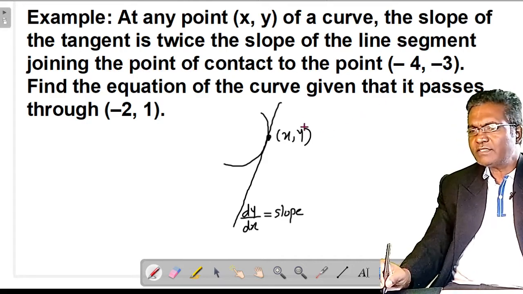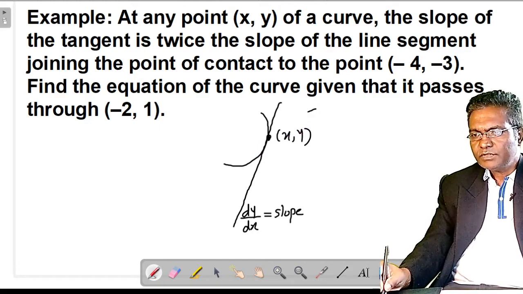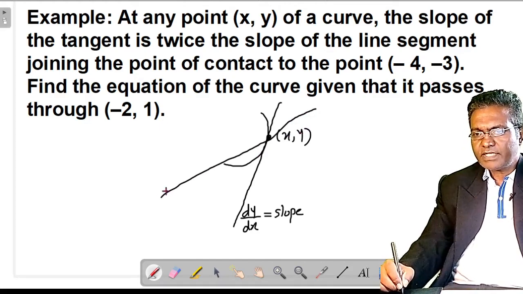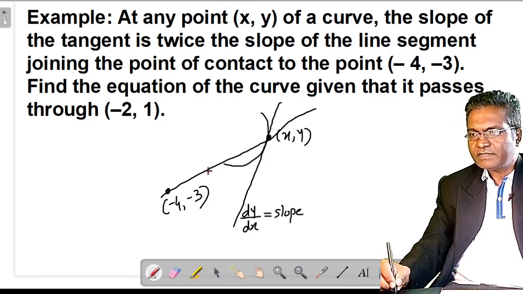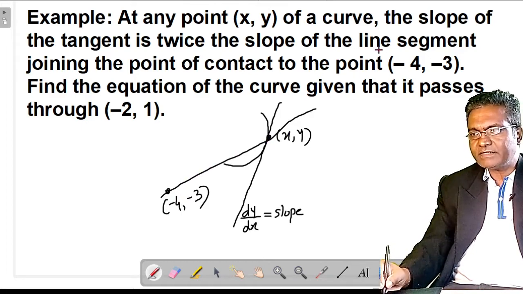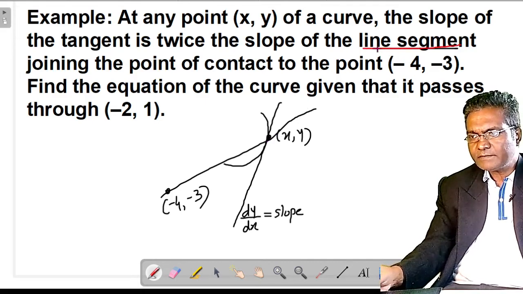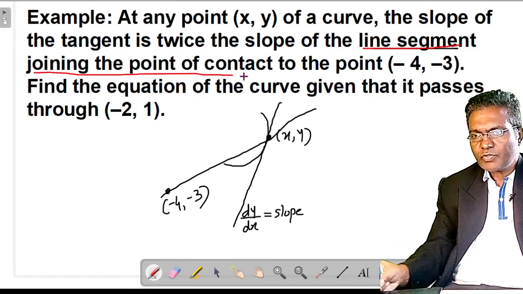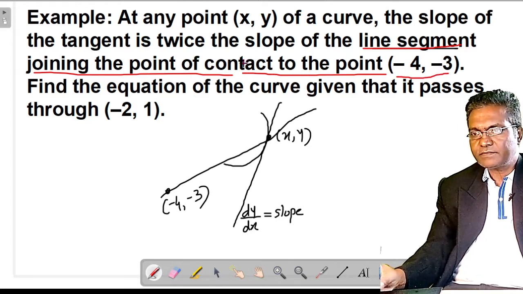Imagine that there is one more line which passes through the point (-4, -3), and its slope is the slope of the line segment joining the point of contact to this point.